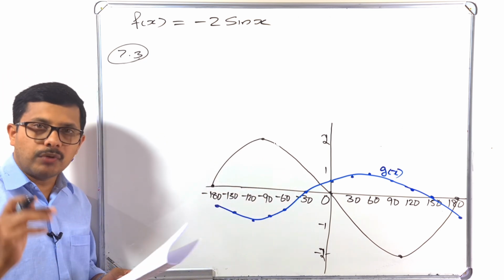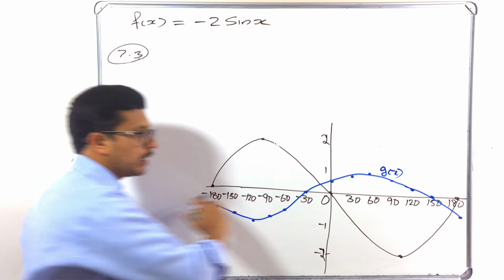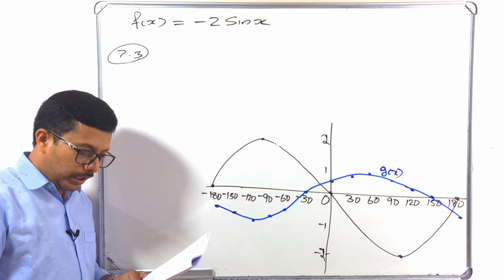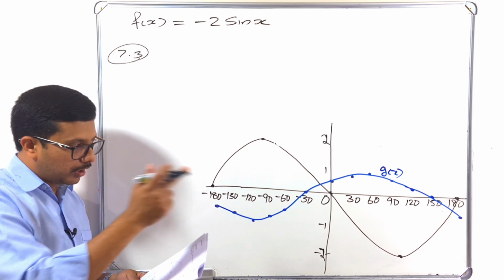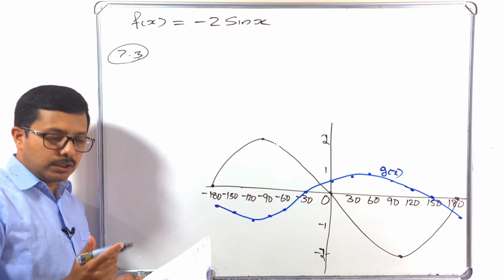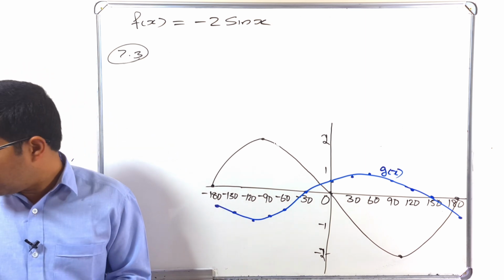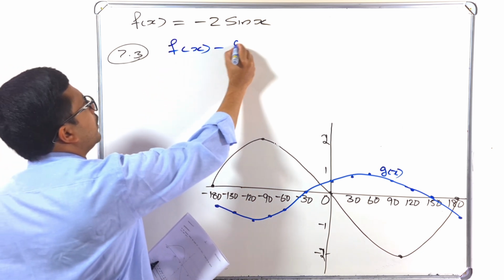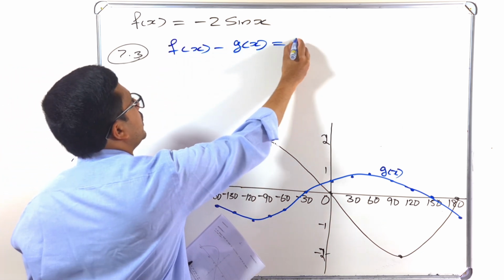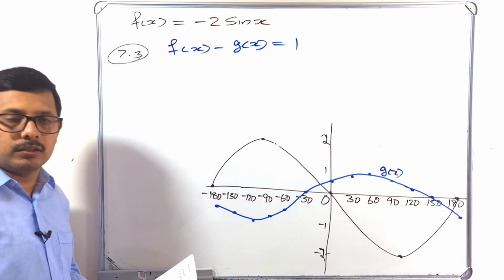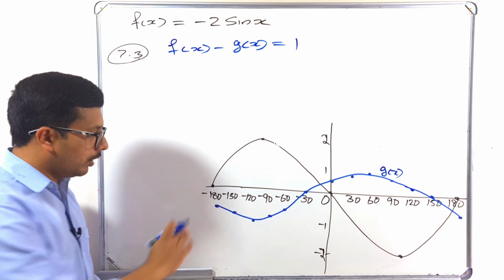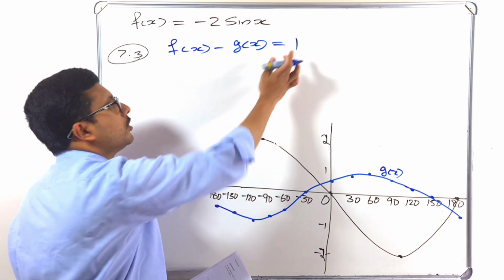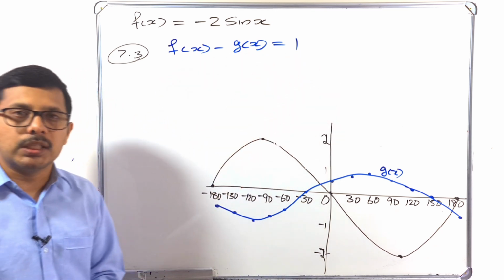You have to find the values of x in the interval minus 180 to 180, for which, and what is the condition given? f of x minus g of x is equal to 1. So you have to find the values of x where f of x minus g of x is equal to 1 using the graph.